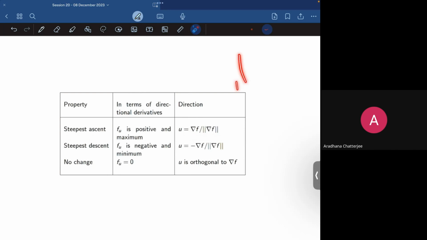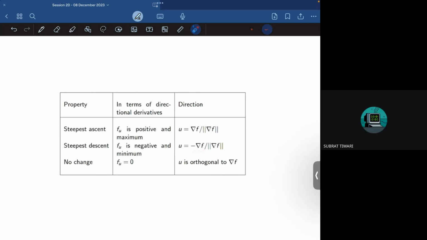You are minimizing it, so that's why you're multiplying it by a minus sign. And this basically means that at that point, the directional derivative is equal to 0. That means there is no change, rate of change is like a constant. So then u is some vector that is just orthogonal to whatever grad f we get.